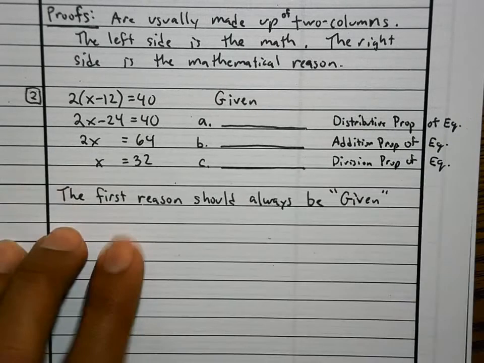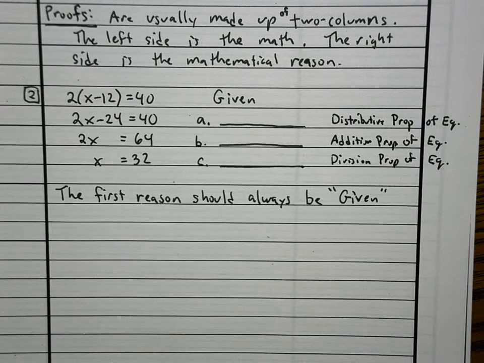Those three reasons fill in the two-column proof. You basically have to look at somebody else's work who already did the work, and you have to look at the reason. Now that's kind of beginning level, by the way.